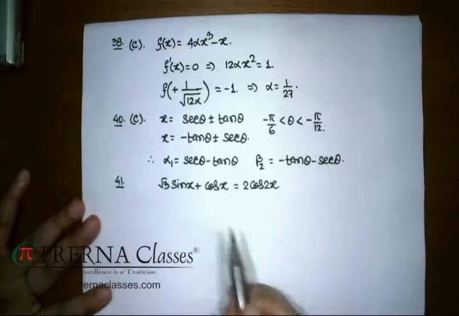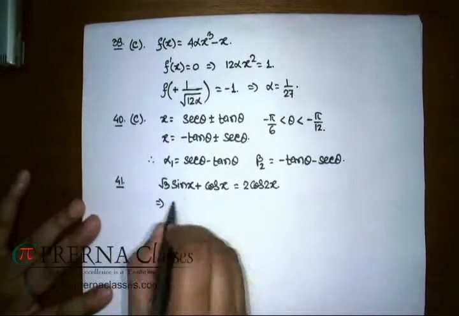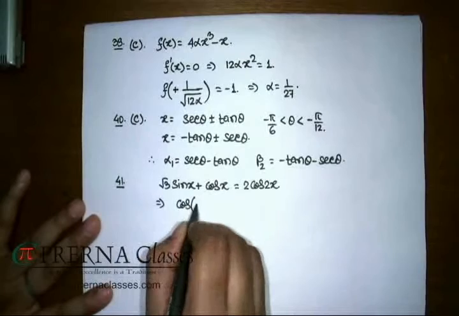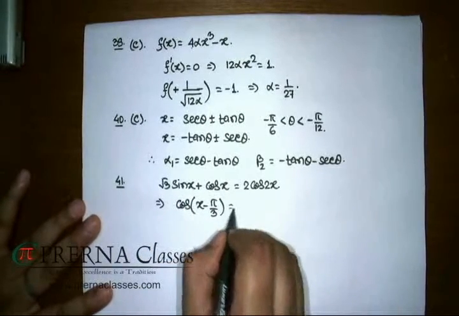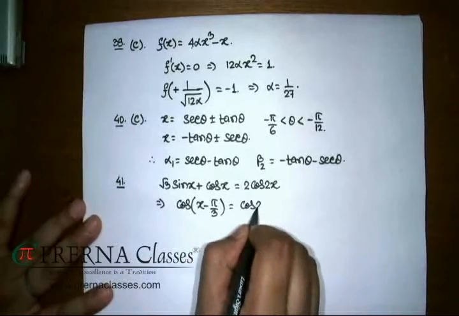Clearly we can write this equation in this manner, which is equal to cos of 2x after taking 2 to the left hand side.